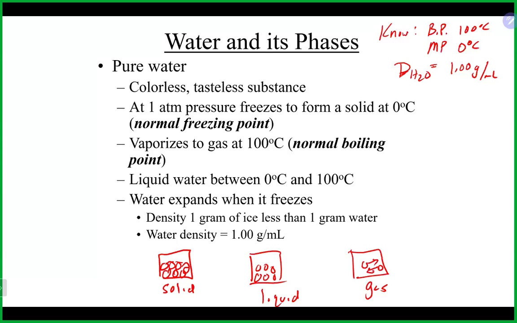Now, we're going to talk about energy associated with these transitions, and a reminder that as we go from solid to liquid to gas, those are all processes where you have to put energy in. And that is what is known as being endothermic. So energy has to be absorbed in this case.